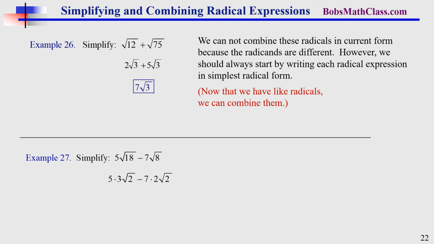Okay, so square root 18 is 3 square root 2. 18 is 2 times 3 times 3. So there's a pair of 3's, therefore a 3 will come out. 8 is 2 times 2 times 2. So there's a pair of 2's, so a 2 will come out.